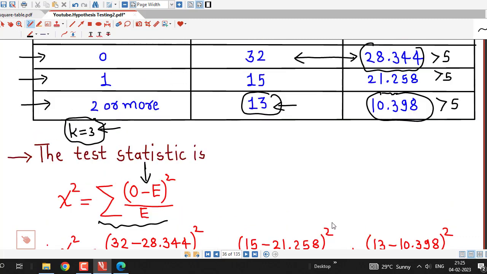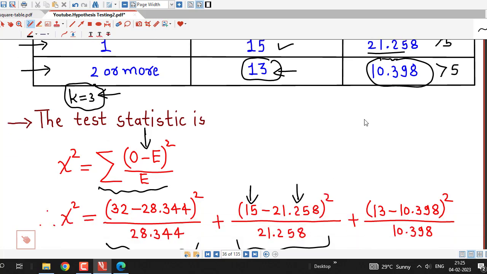Similarly for the second category, the observed frequency is 15 and the expected frequency is 21.258, so 15 minus 21.258 whole square divided by 21.258, and for the last cell, 13 is observed, this is expected, observed minus expected squared divided by expected.